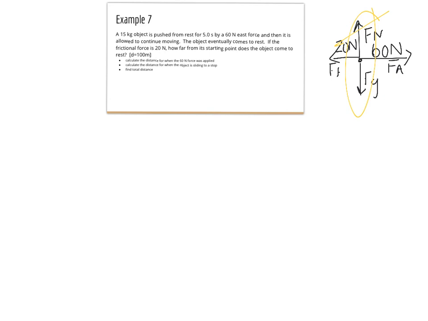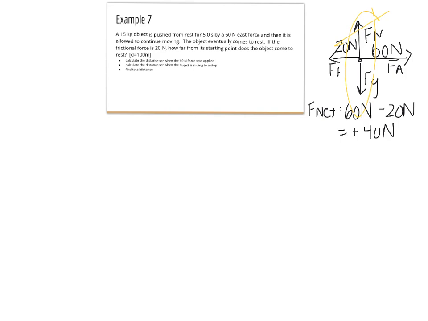So the first portion, we need to calculate an F net, because we have our 60 newtons in our positive direction, and we also had friction affecting us and holding us back. So we have an overall positive 40 newtons force. So we're moving with a force of 40 newtons in the east direction in this case.